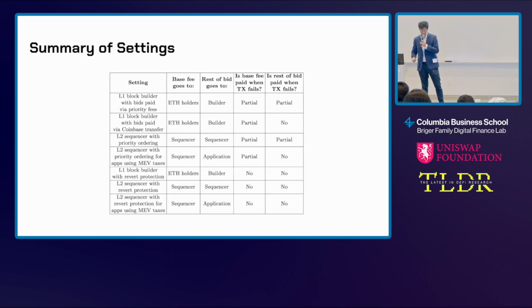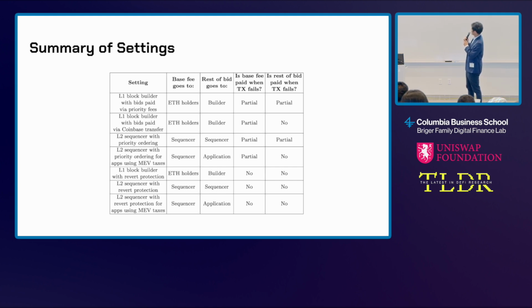Within these settings, we can isolate many settings in which revert protection can possibly be applied. Traditionally, in L1 with priority fees and L2 with priority ordering, there are penalty fees for reverted transactions on both the base and priority fee.